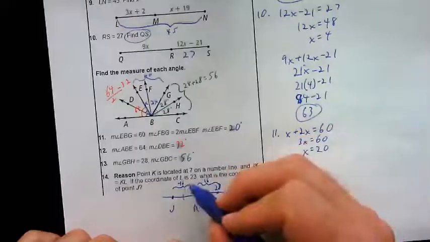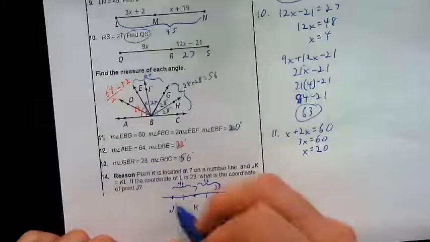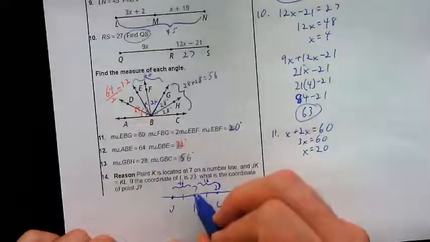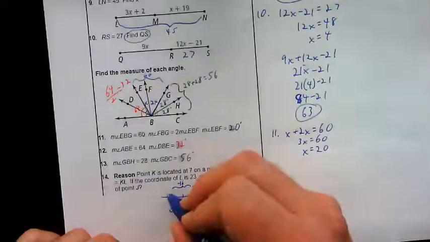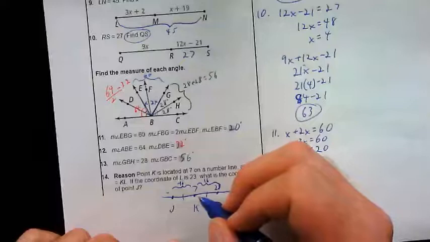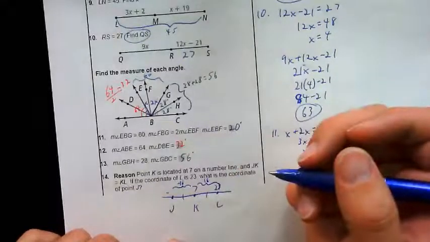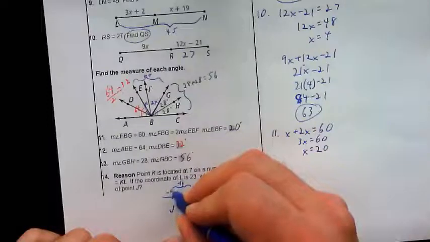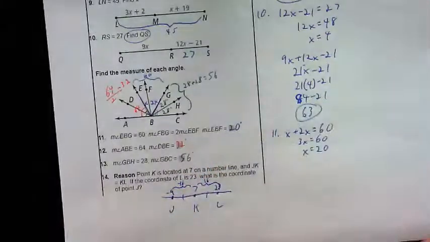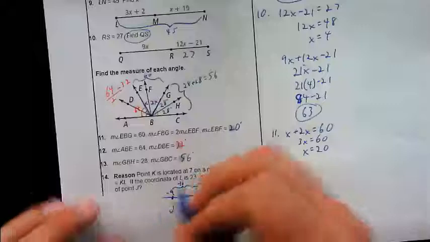So the distance is still 16, but we have to subtract the 16 to go backwards. Subtract 16 from that, you'd be looking at negative 9. Right? Yeah, negative 9. So J is at negative 9.